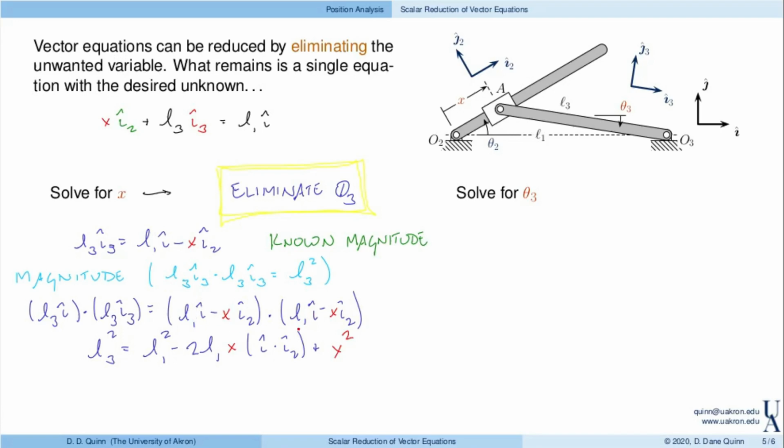I have an L1I dot minus xi2. That's one of these. I have another one from here, and then this is where the x squared comes in. So as a result, we end up with the following equation. L3 squared equals L1 squared minus, and I dot I2 is just cosine of theta 2.